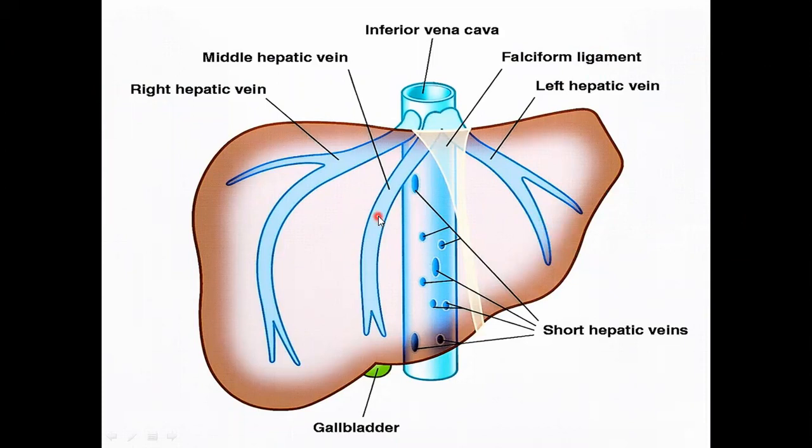The middle hepatic vein is between the right and the left lobes, and the right hepatic vein is between the anterior and the posterior segment of the right lobe, which we saw in the hepatic segments in the previous slides, right? So it is related to that. So in summary, it's by three veins: left hepatic, middle hepatic, and right hepatic veins.